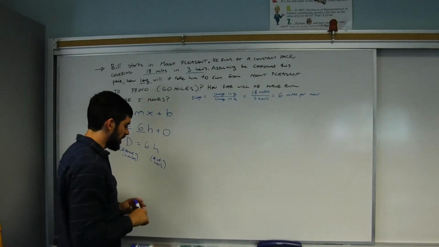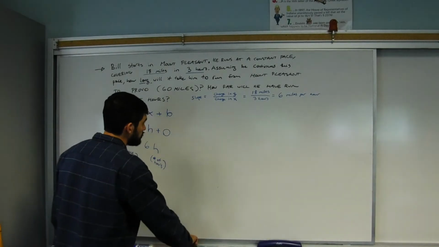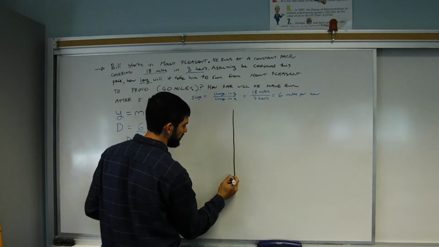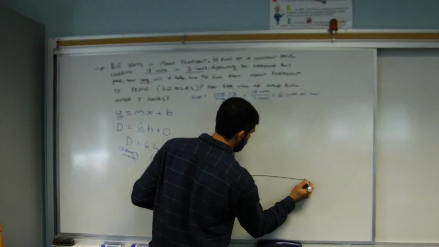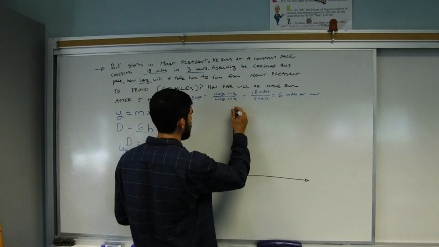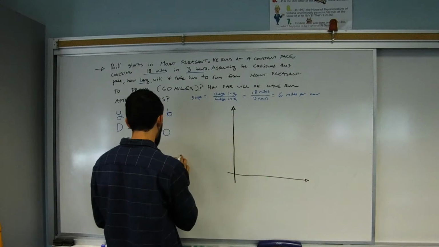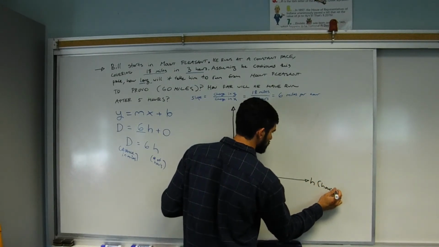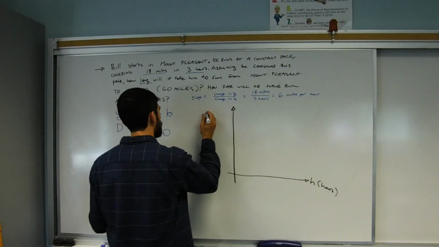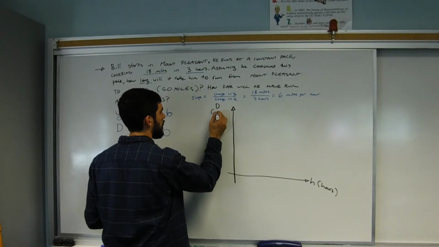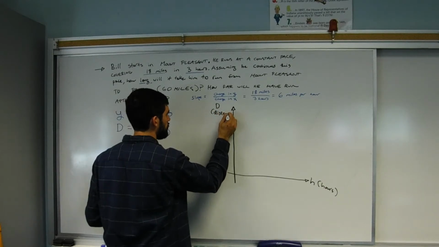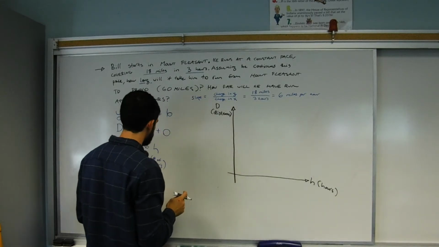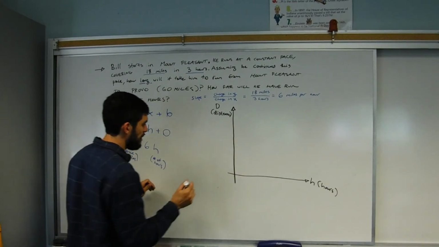So let's graph this. Like our last scenario, we're only really interested in positive miles and positive time. So we'll have h, which is our hours, on this axis, and we'll have d, which is our distance, on this axis. So we're going to have to make a scale.